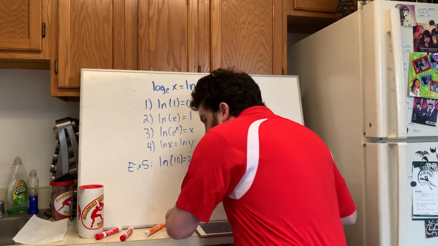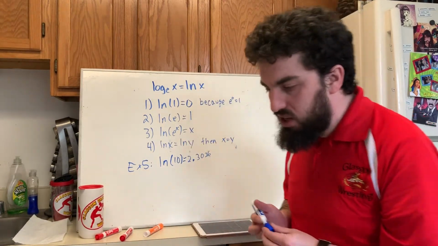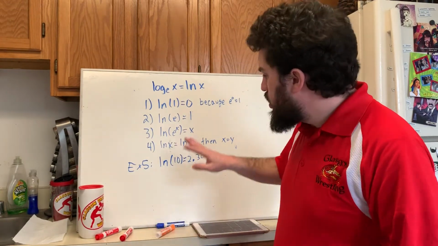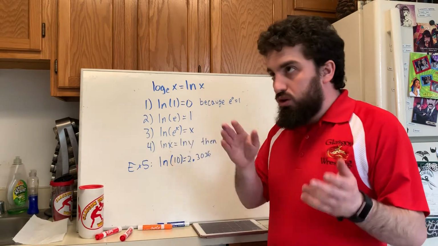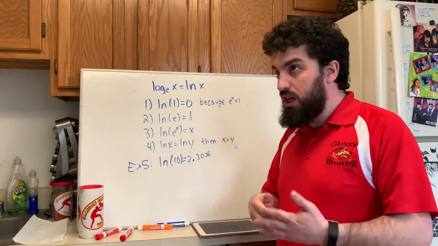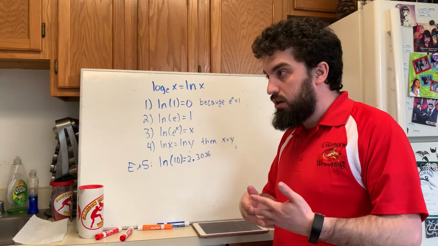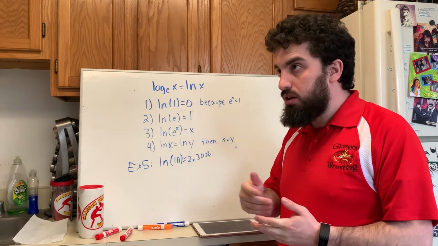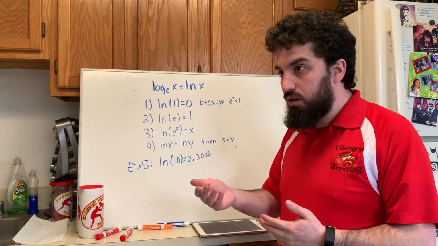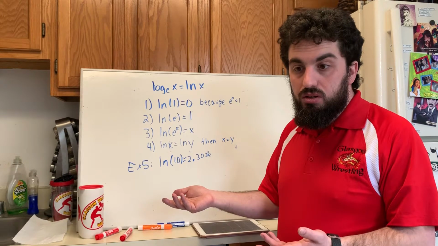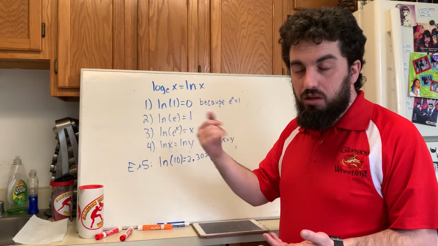Now, let's think about what e is as a number. e is like 2.7 something. 2 cubed is 8. 3 squared is 9. It's closer to 3 than 2.